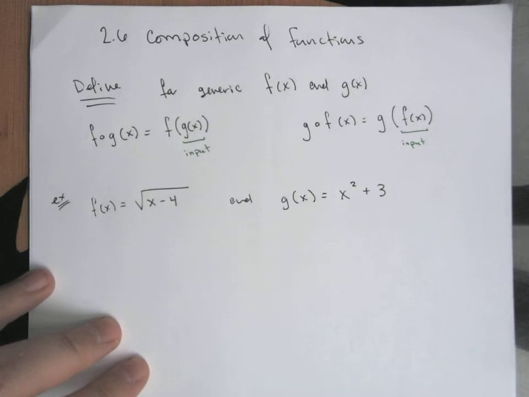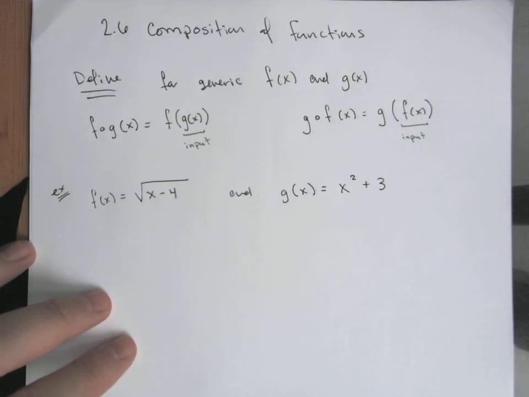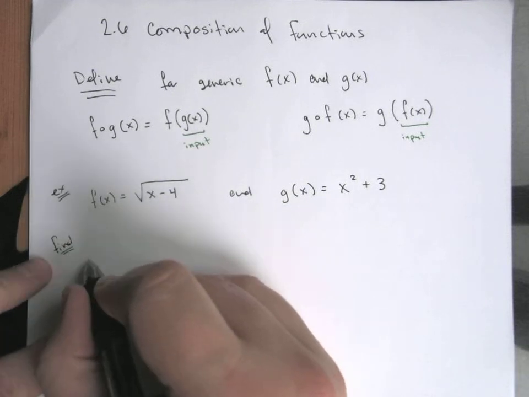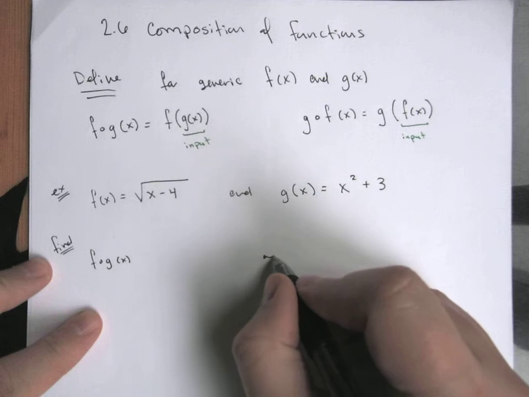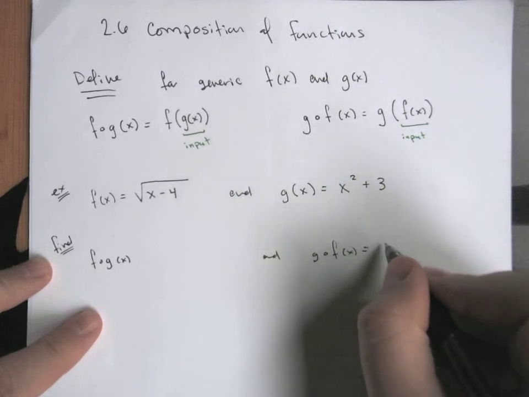It's a little more complicated. We're not going to get into it right now. We can talk about the details some other time, maybe. So let's find these two compositions: f of g of x and g of f of x.